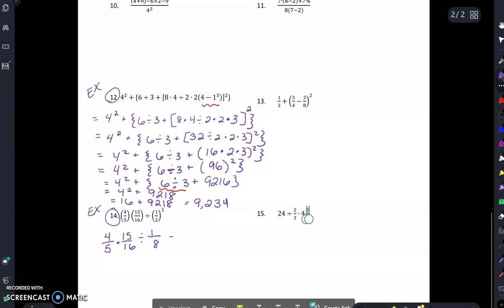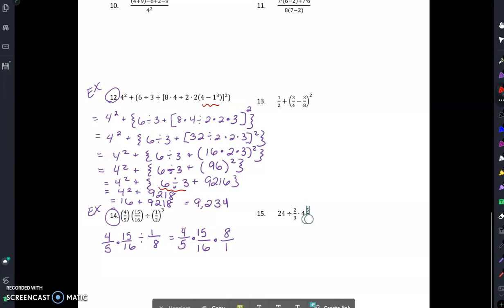And now I'm going to go crossways on this one. I can change this division to multiplying by the reciprocal. That way I can reduce as I go, with any numerator and any denominator, and I can skip over if I want to, because multiplication is commutative.